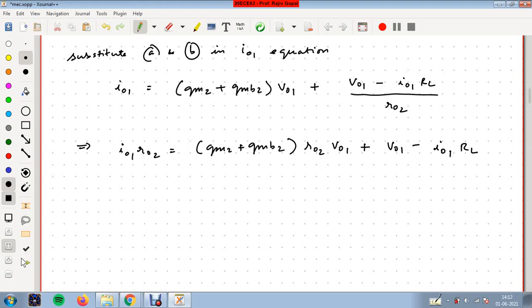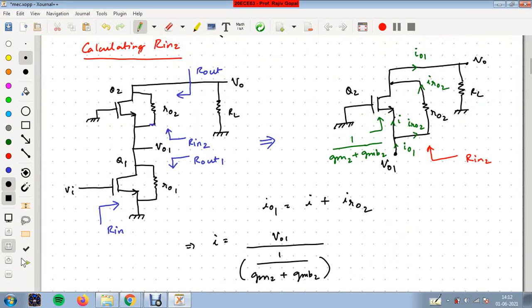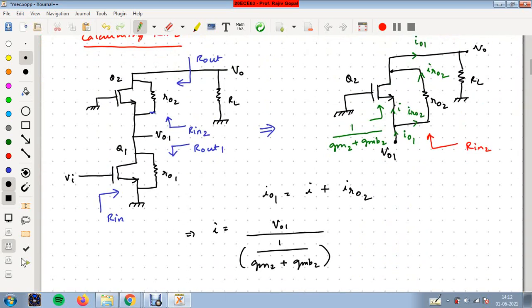From this, if I find V01 divided by I01, that will actually give me Rin. Look at this part especially.